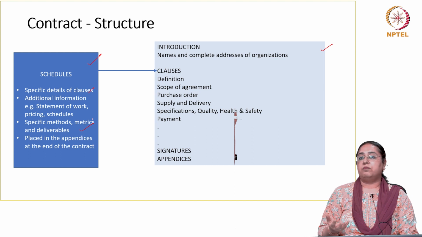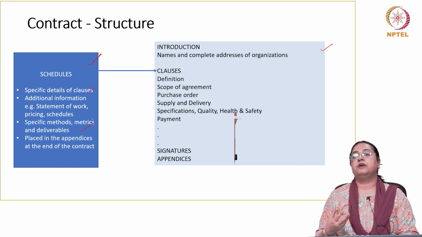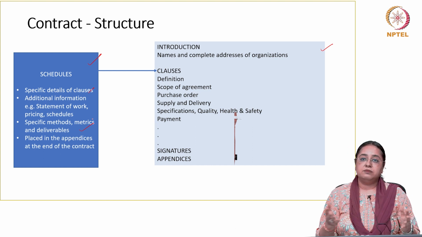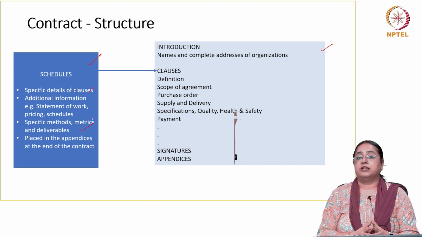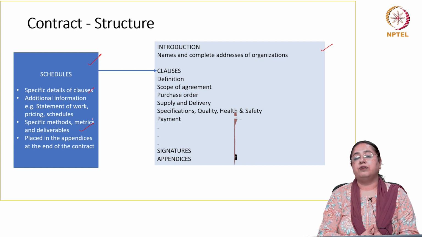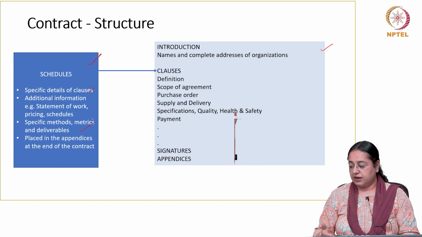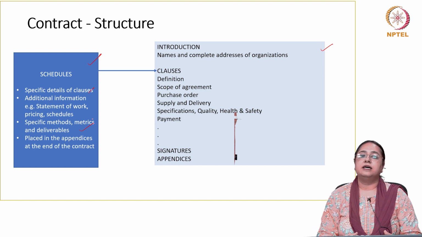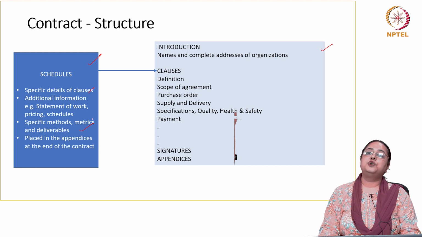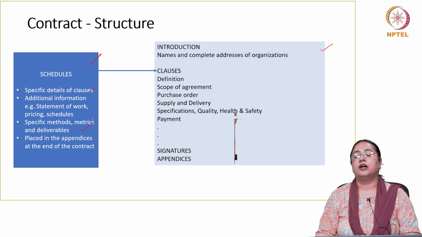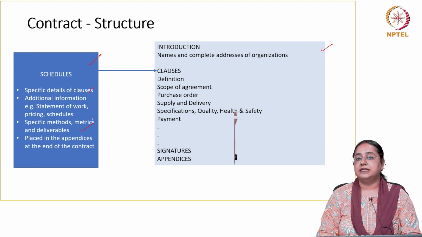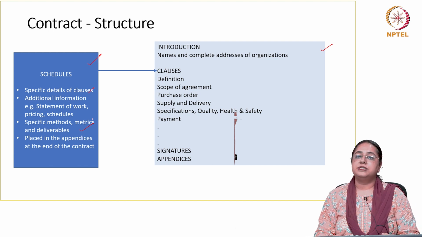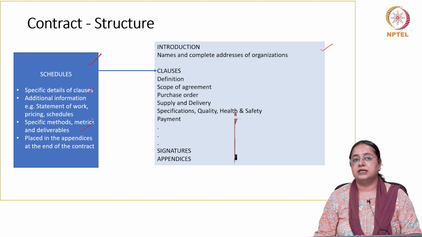What method would we use? Can we define the method clearly? Can we define the metrics clearly? If we are saying, for example, in the clause on supply and delivery, one can say that the product should be delivered according to agreed upon indicators, right? So what are those indicators? How do we define those indicators?